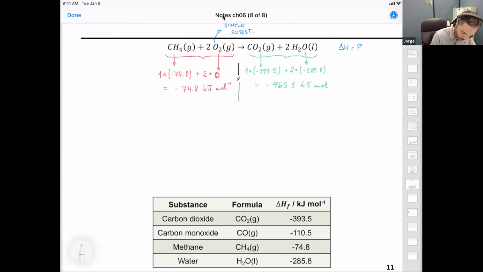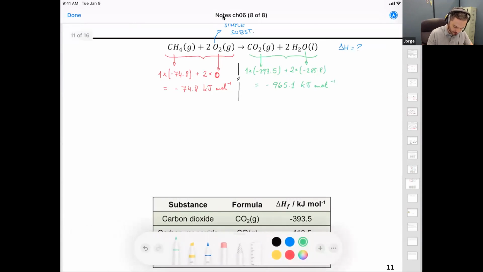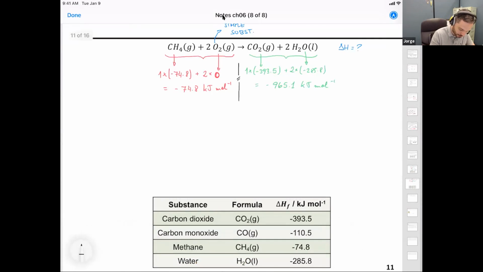kilojoules per mole. Now that we know the energy level for reagents and products, let's draw the energy diagram for this transformation. We have here energy in kilojoules per mole.